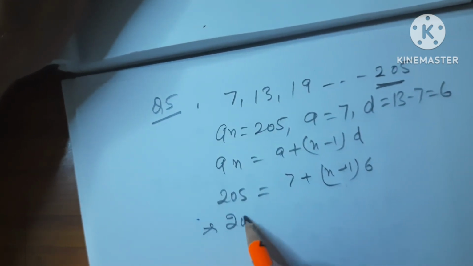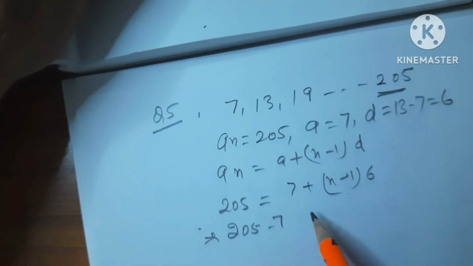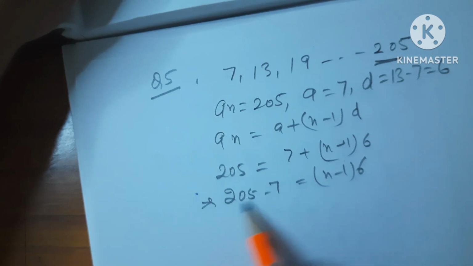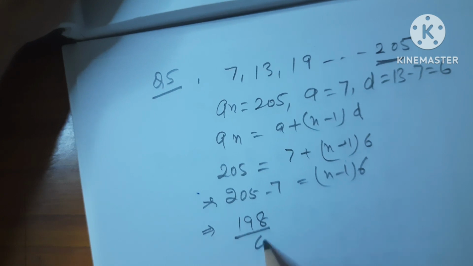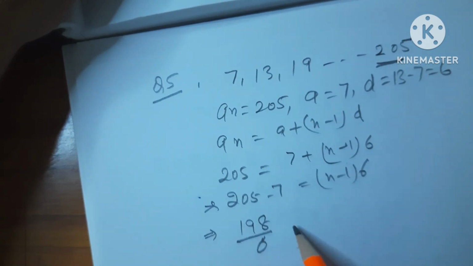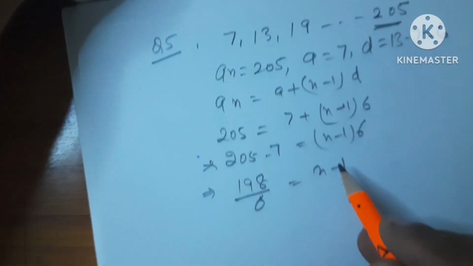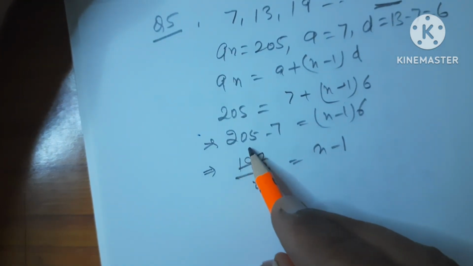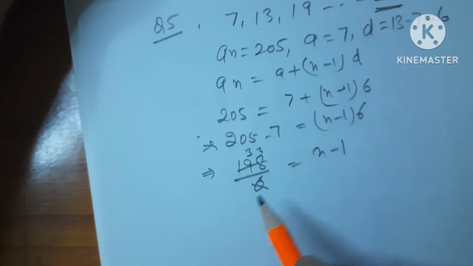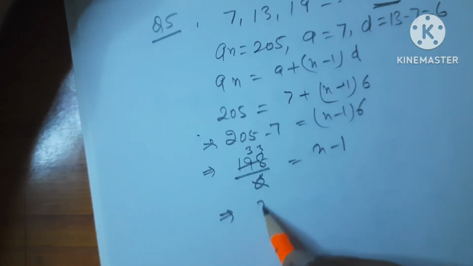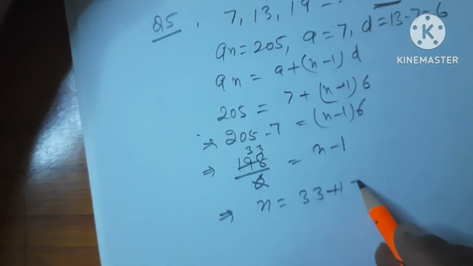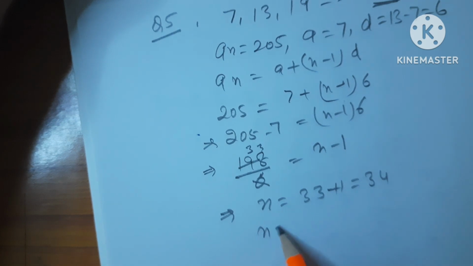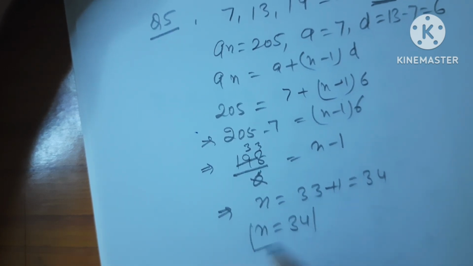So that means 205 minus 7 is equal to n minus 1 into 6. This is 198, divided by 6. This 6 will divide this side. It is equal to n minus 1. So this is 33. That means n minus 1 is equal to 33, and this 1 will add to this side. 34. N is equal to 34.